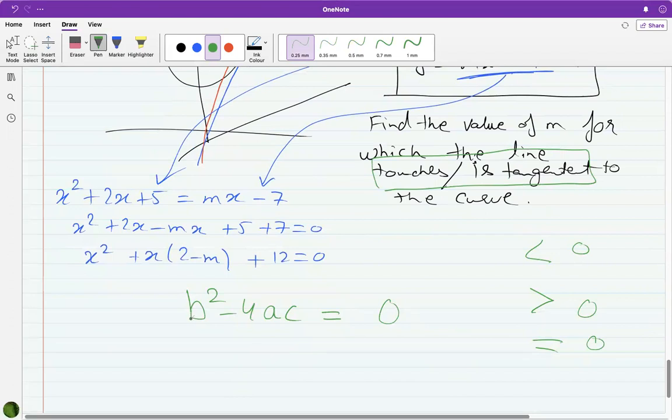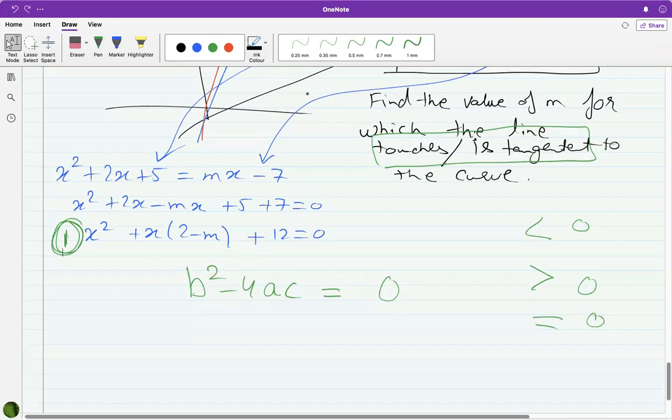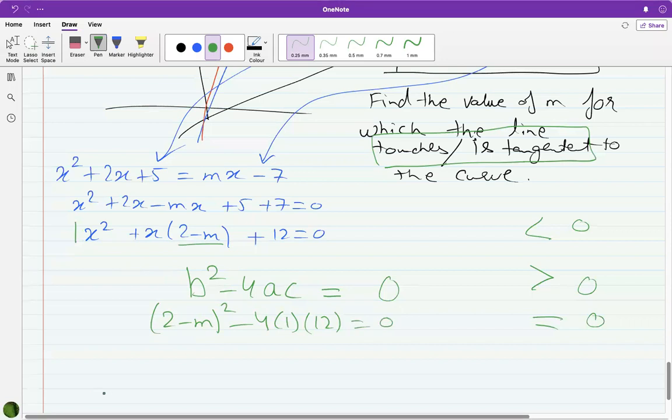Now we'll select the values of a, b, and c. A is the coefficient of x square, which is 1. B is the coefficient of x, which is (2 minus m) whole squared. And c is the remaining constant, which is 12, equals to 0.